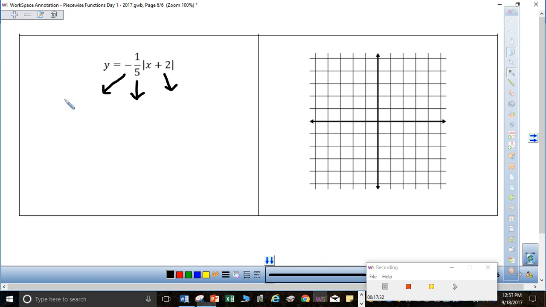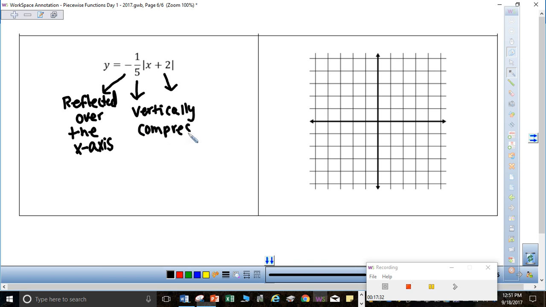All right, so that negative in front is going to cause this to be reflected over the x-axis. The 1/5 in front, since that's a fraction value, it's going to cause our graph to be vertically compressed. So our shape is going to look wider than the original, and then this +2 on the inside is going to cause our graph to move left 2 spaces.